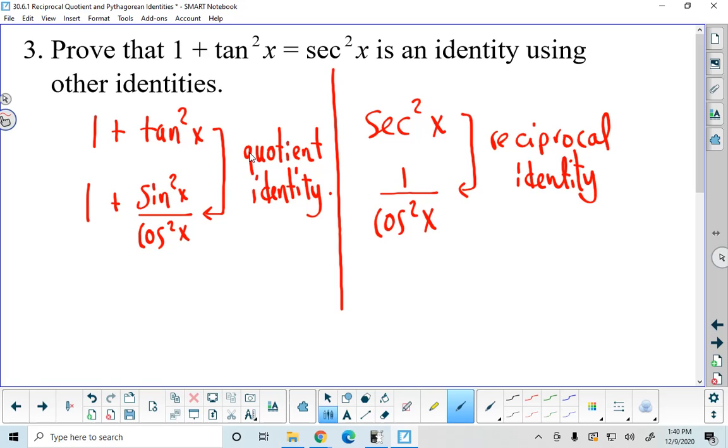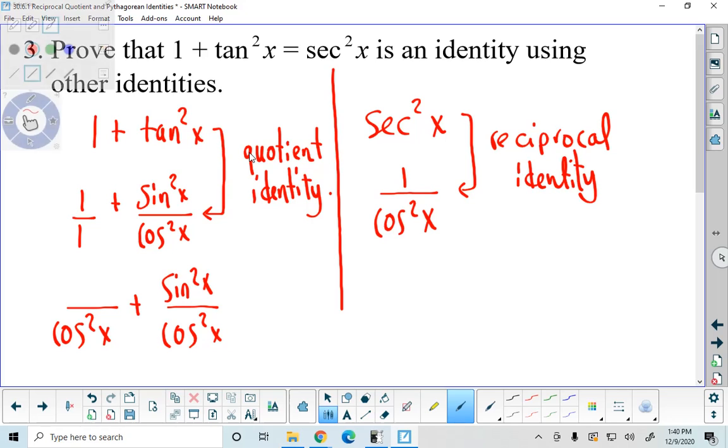The common denominator here would have to be cosine squared of x because we have 1 over 1 here. So I need to convert this to a common denominator of cosine squared of x. Well, the top of this second fraction is sine squared of x.